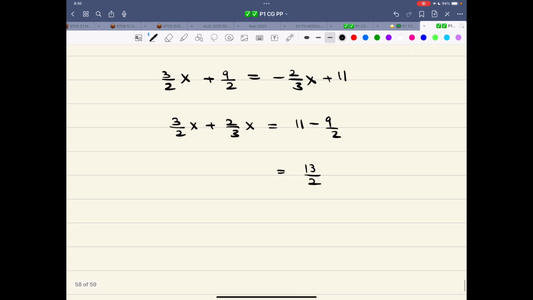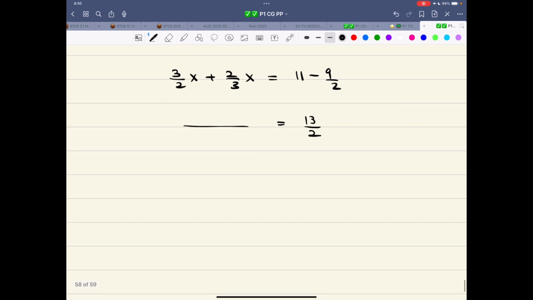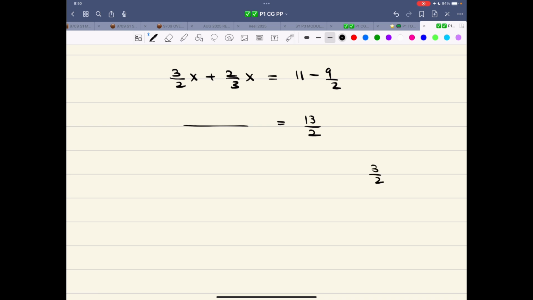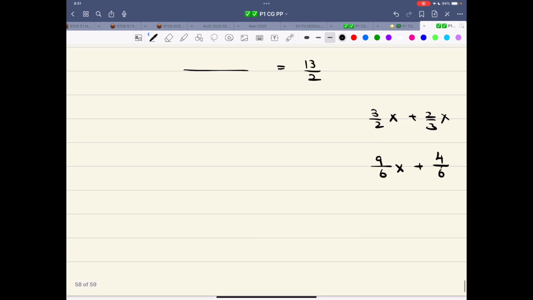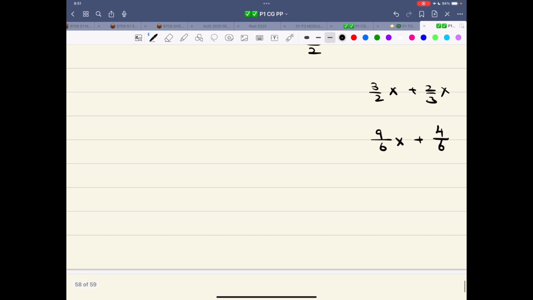And if I take the LCM, if I multiply by 6, let me do the working on the side. 3 over 2x plus 2/3 x. If I multiply by 3, numerator and denominator, this is 6 and this is 9. And if I multiply and divide by 2, that is 6 and that is 4. So this is 4/6, this is 9/6, and 9 plus 4 is 13.